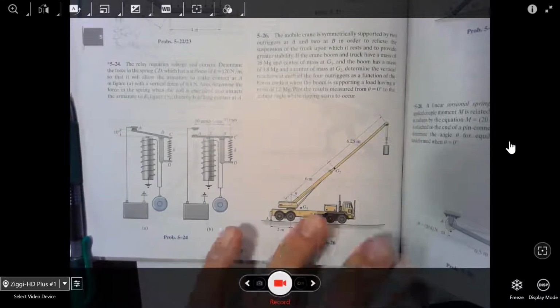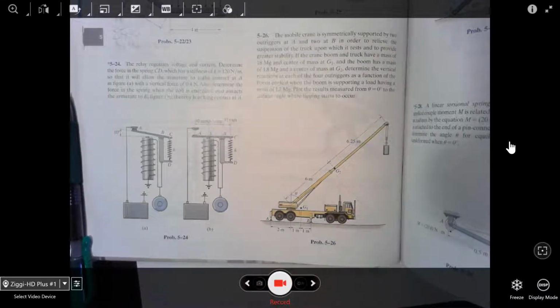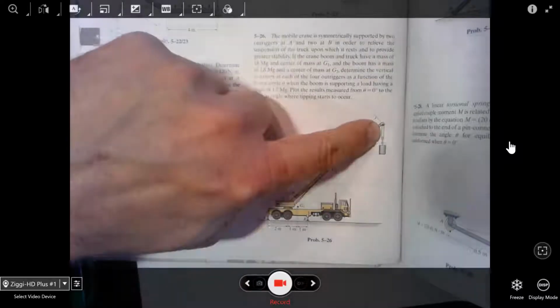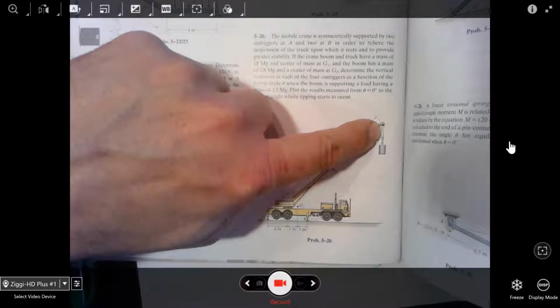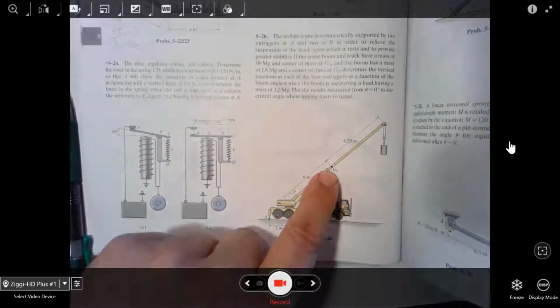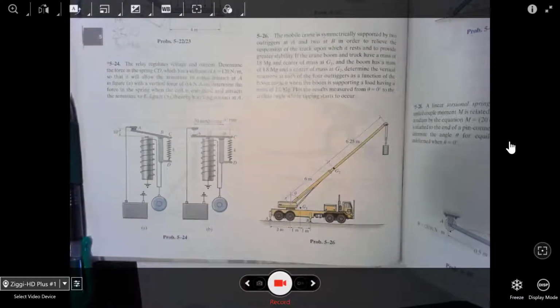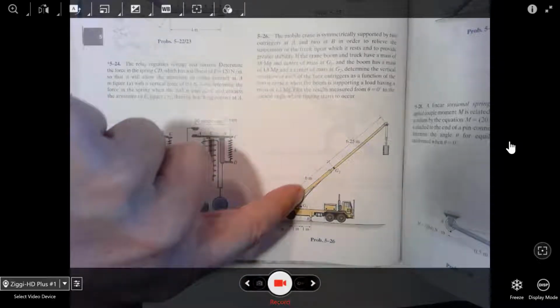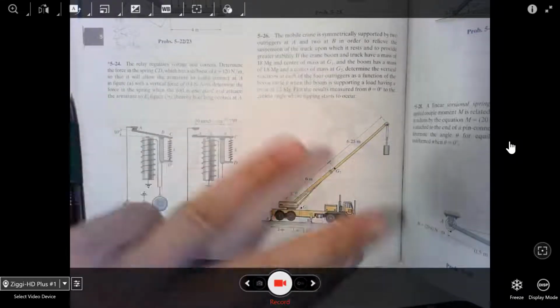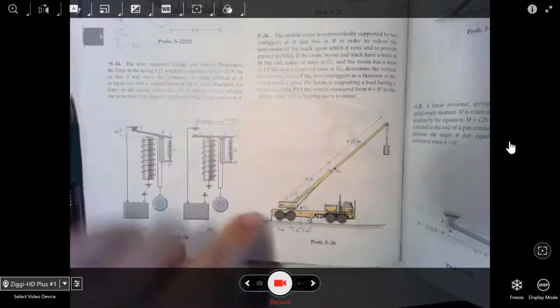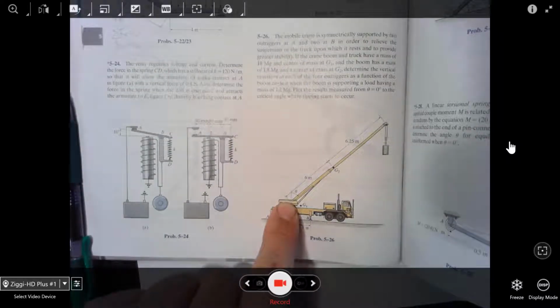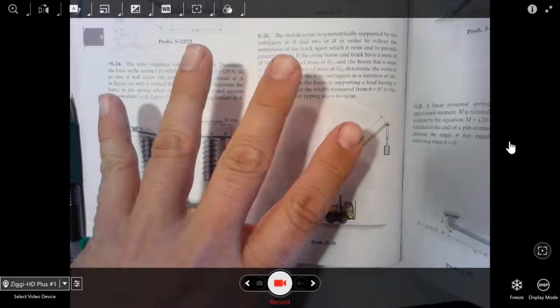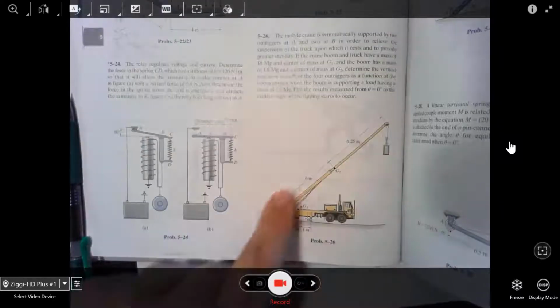The way we determine if it's a two-force member or not is how many places a load is applied. There's a load at the end, there's one force location, there's its own mass, there's a second force location, there's this hydraulic ram that moves it up and down, so that'd be a third force location. And then down here it's probably pin connected, so it has a fourth location. So that is not a two-force member.